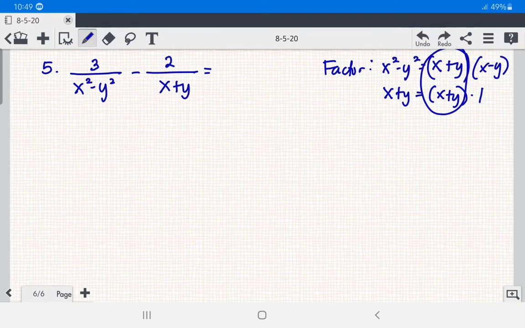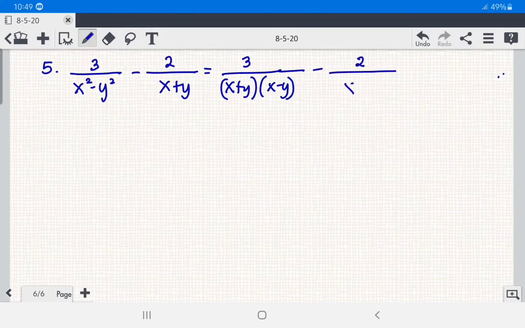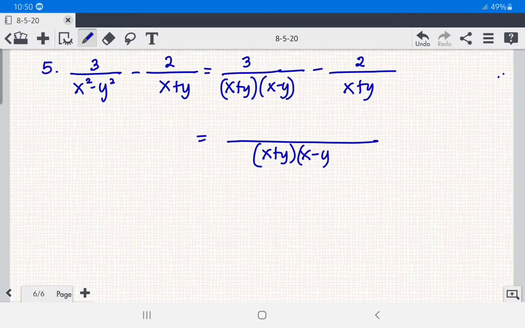So, if we write this in factored form, we have 3 over x plus y times x minus y, then minus 2 over x plus y.